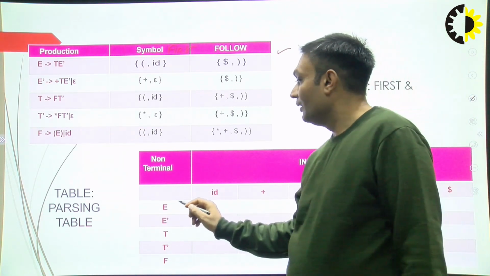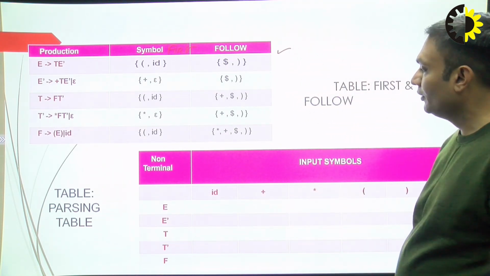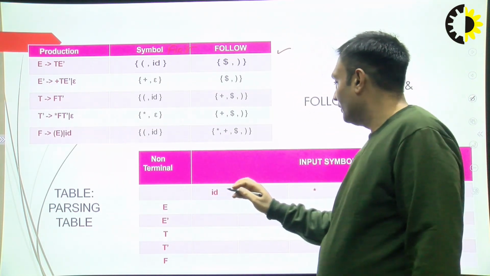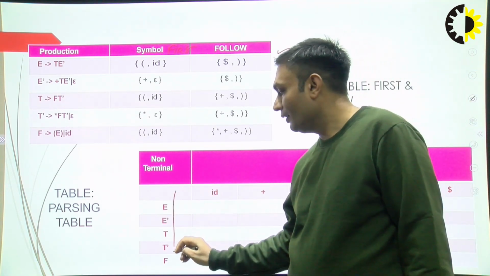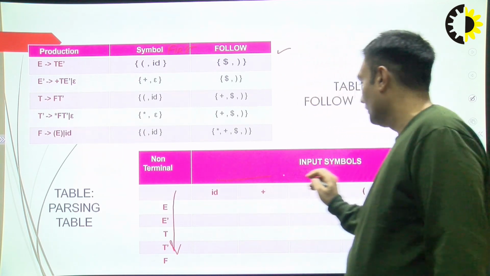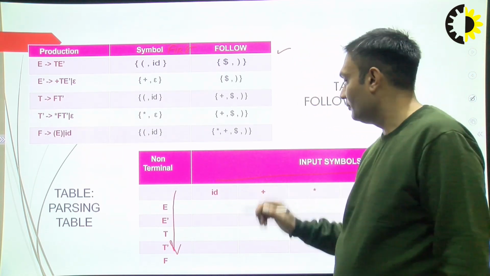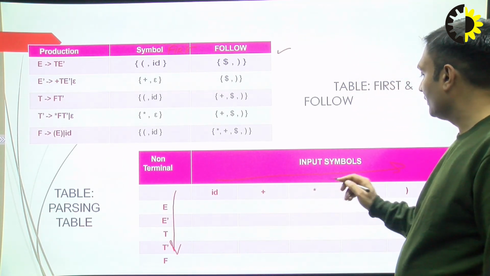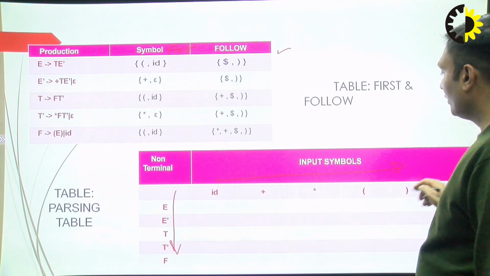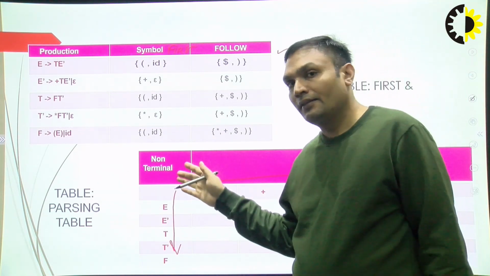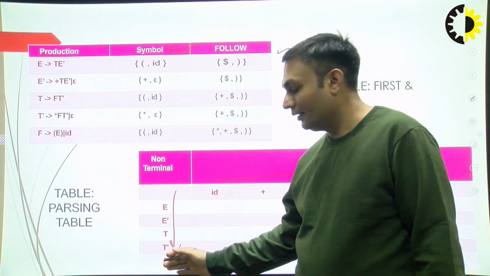To fill this, for the input symbols we will write the terminals on the upper side and the non-terminals on the left-hand side. So ID, plus, star, open bracket, close bracket, and dollar are the terminal symbols.